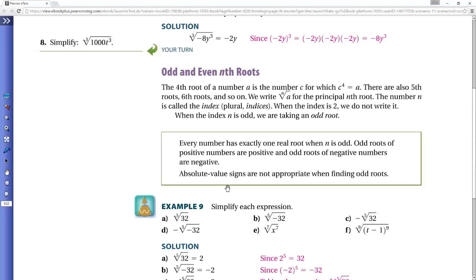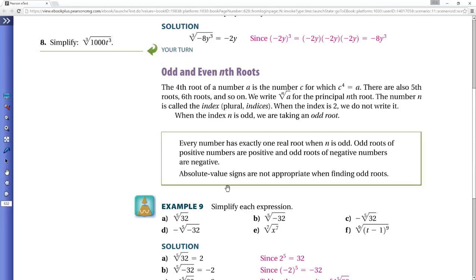The number n is called the index, or plural indices. When the index is 2, we do not write it, because that's probably the most common root we try to get, the square root, so just to save some ink, I guess.